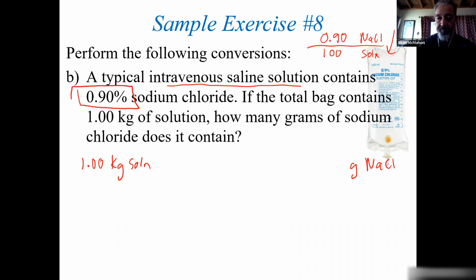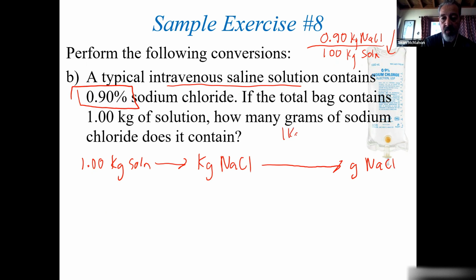Okay. So how am I going to do that? From kilograms of solution, I can go to kilograms of sodium chloride. How come? There's 0.9 kilograms of sodium chloride per 100 kilograms of solution. And then from kilograms, I can go to grams because of the metric system. In 1 kilogram, there's 1,000 grams.